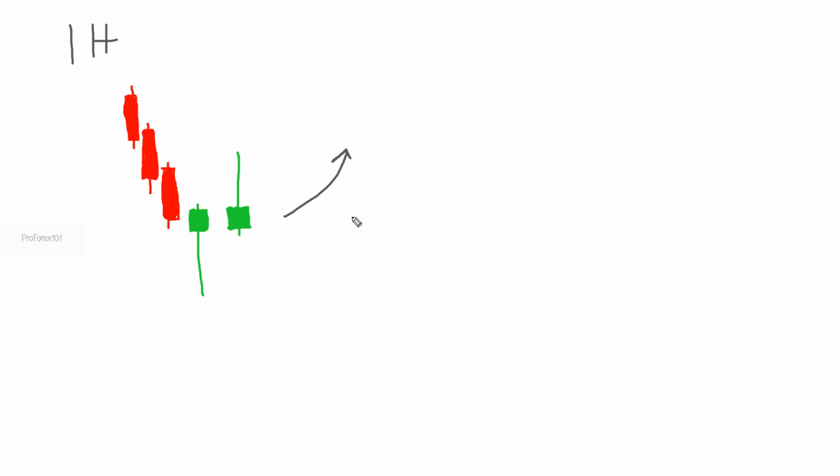So for this instance, if this was a red candle like this, where we have an exhaustion pattern, but it was red at the bottom of a trend, I'll draw both of them so we don't have to come back.